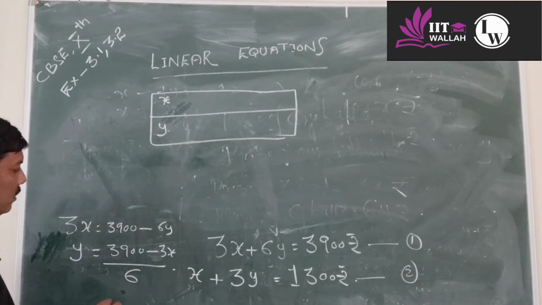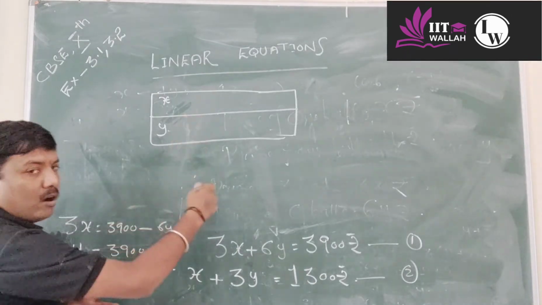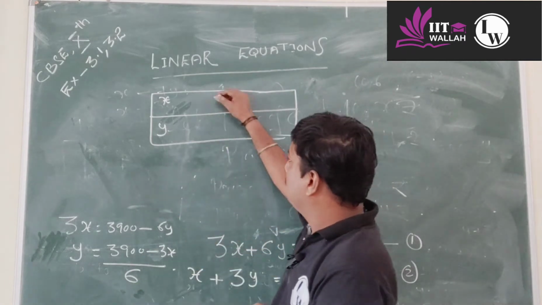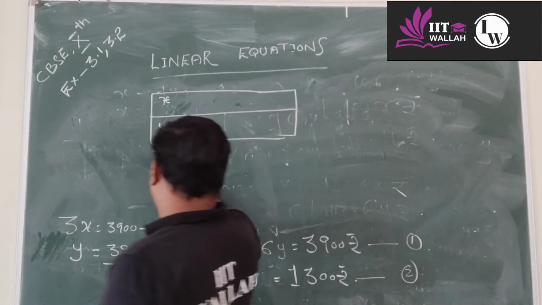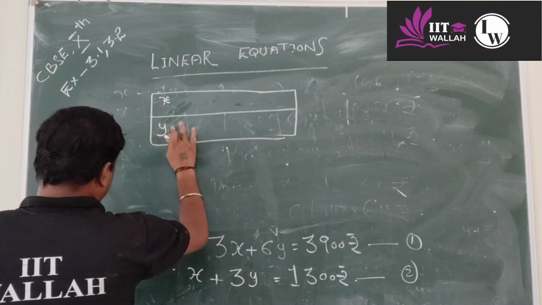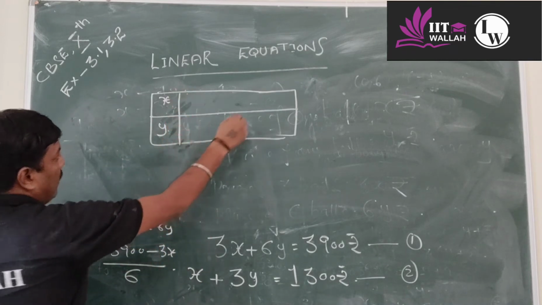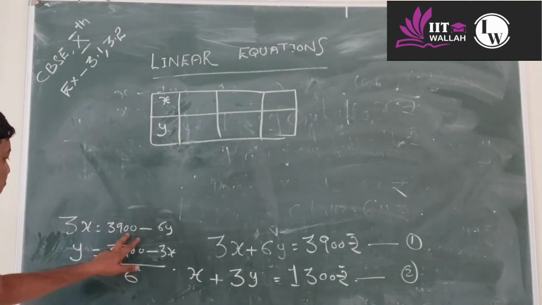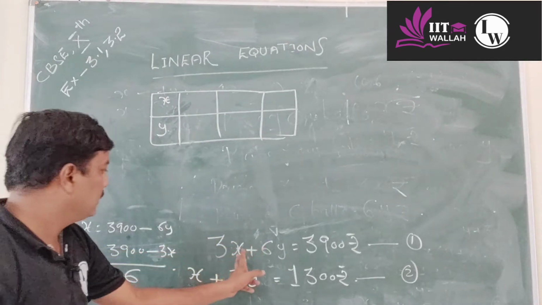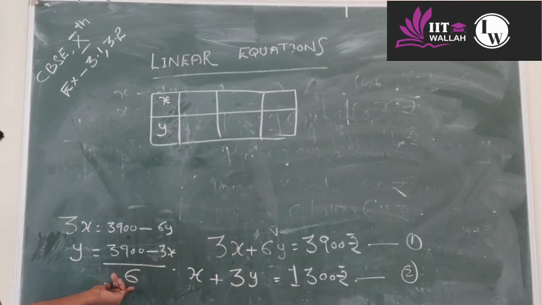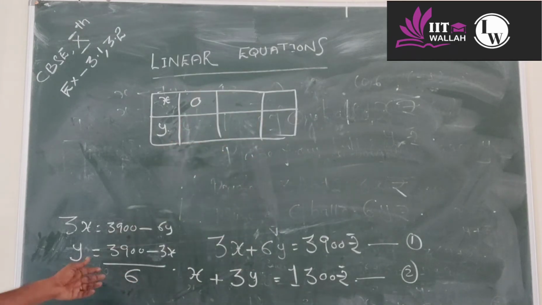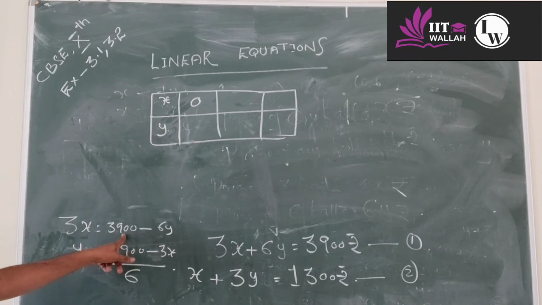Now using this, we have to find the points. So y is equal to (3900 minus 3x) by 6. If I take x as 0, this will become 0, so 6y will be 3900.